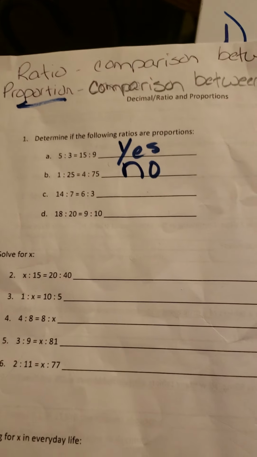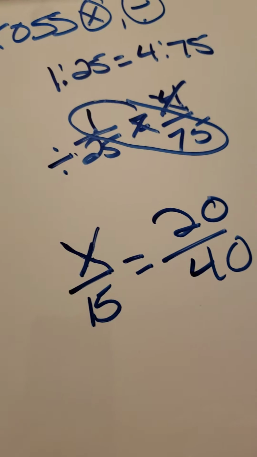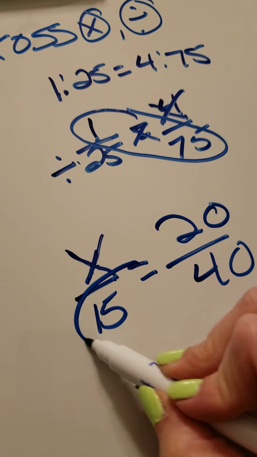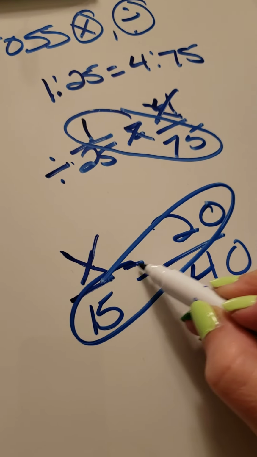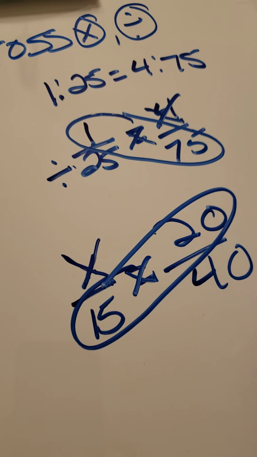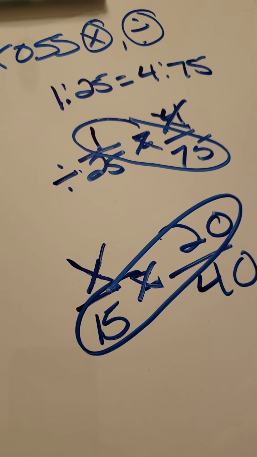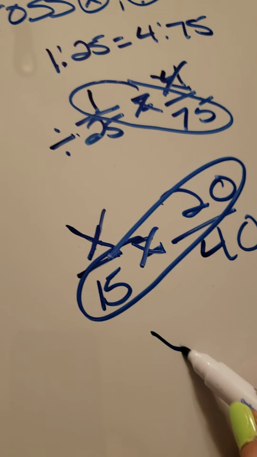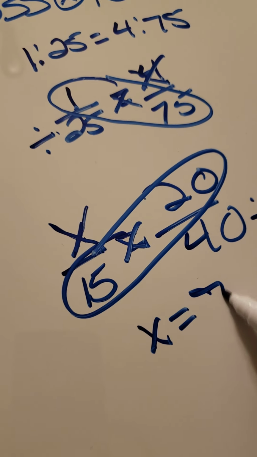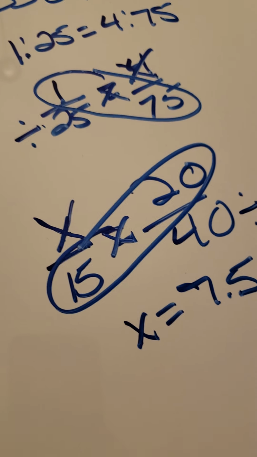This is the same thing. Now we're just solving for x. So we're going to cross multiply and divide. Magic answer, x is going to equal 7.5.